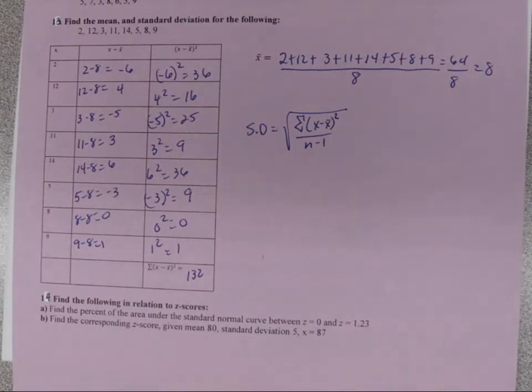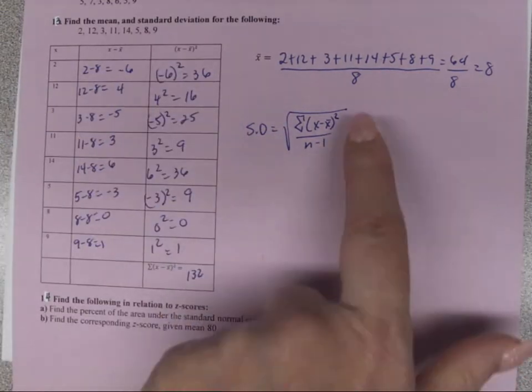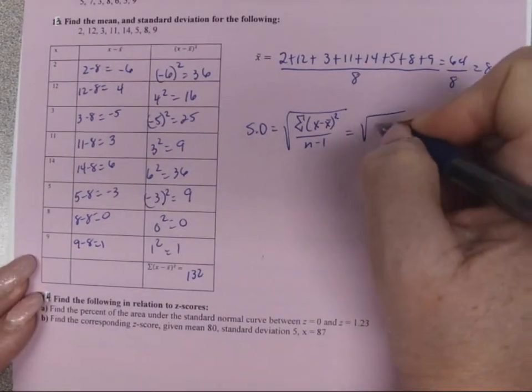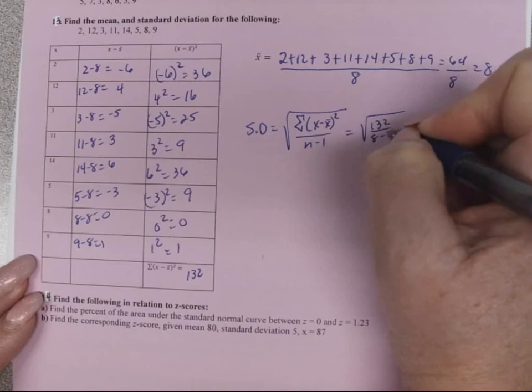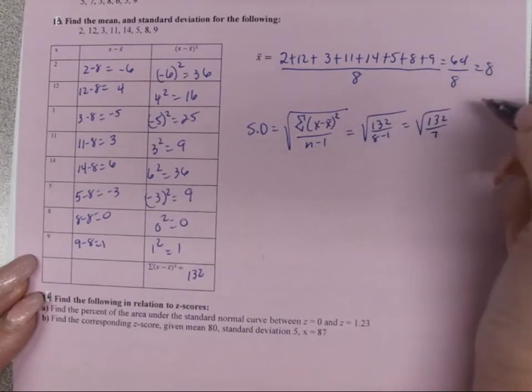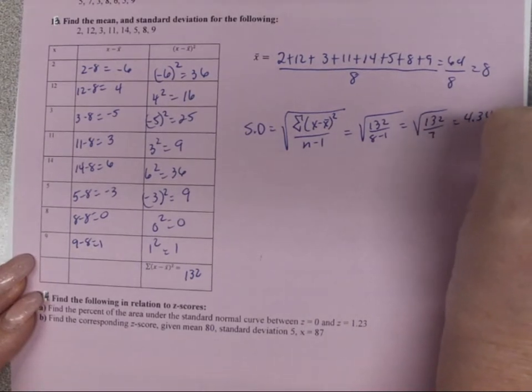So when I'm looking for that, I've already found the summation right there. My n is the number of elements I had. So this will be the square root of 132 over 8 minus 1, square root of 132 over 7, and that's going to be 4.34.